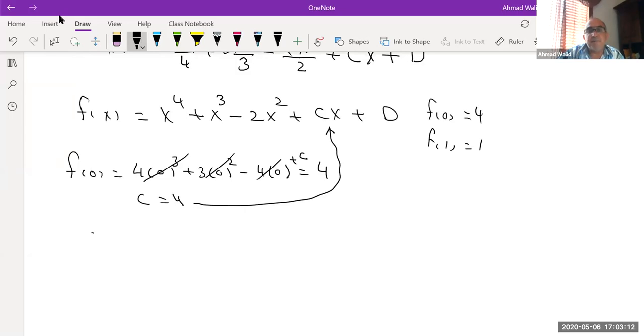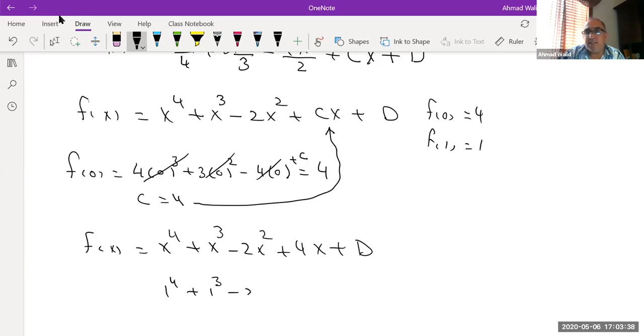Then it gives you f of x equals x to the power of 4 plus x cubed minus 2x squared plus 4x plus d. Now let's find the value of d. It means plug in 1 in this function. Then 1 to the power of 4 plus 1 cubed minus 2 times 1 squared plus 4 times 1 plus d equals how much? 1, right? Because f of 1 is 1.